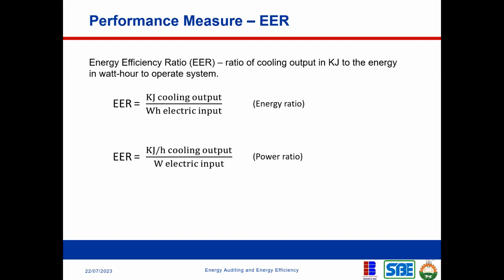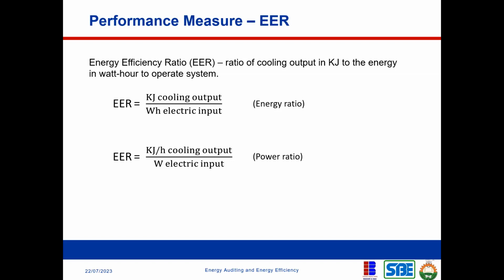Now both energy efficiency ratio and coefficient of performance are used to measure efficiency in cooling and heating systems. Sometimes you might be given the energy efficiency ratio for an air conditioning system, and you might be asked to convert it to coefficient of performance. So those are the areas in which questions might come in. Most of what I'm talking about now is basically for exams.